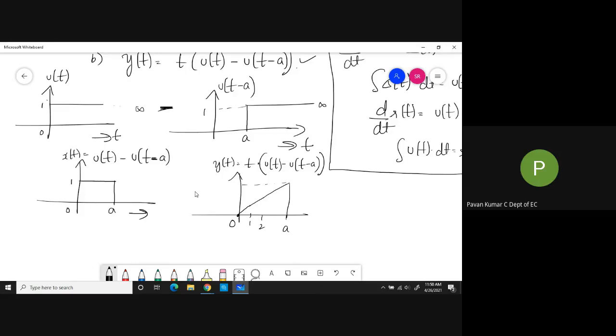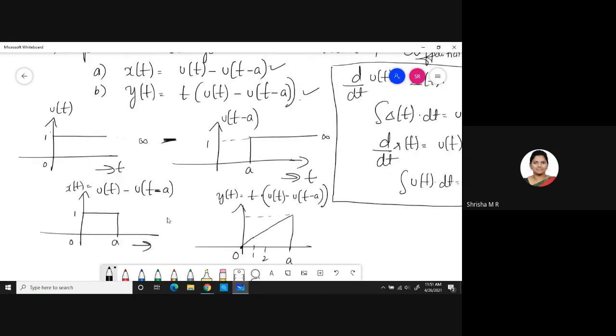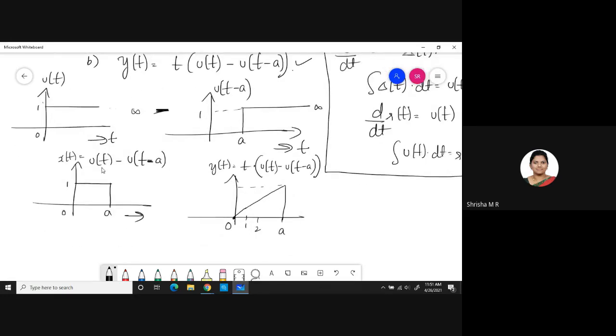Can you explain this once again, ma'am? Yeah. So you have u of t minus a. So what is y of t? They are telling you to plot t into u of t minus a. You have a multiplying factor t. So this signal u of t minus a you have to multiply with t.